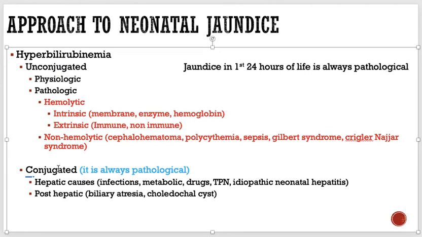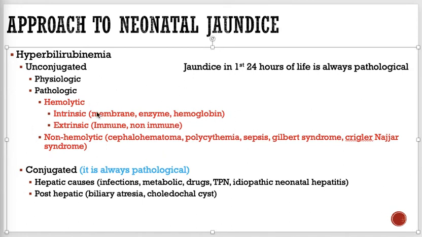And conjugated hyperbilirubinemia is always pathological, can never be physiological. I hope you understand this point. These points are very important because whenever jaundice appears in the first 24 hours of life, we have to investigate that. We have to do investigations to look for all these causes.